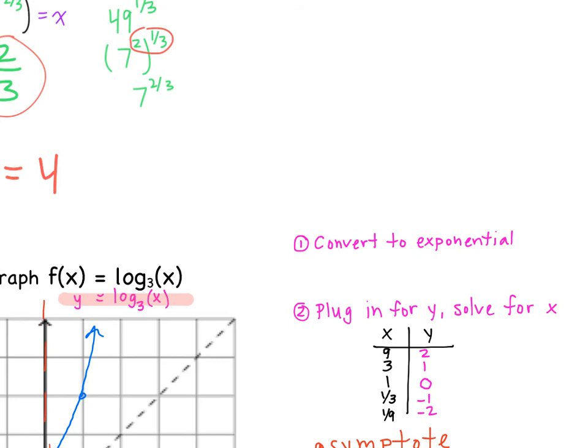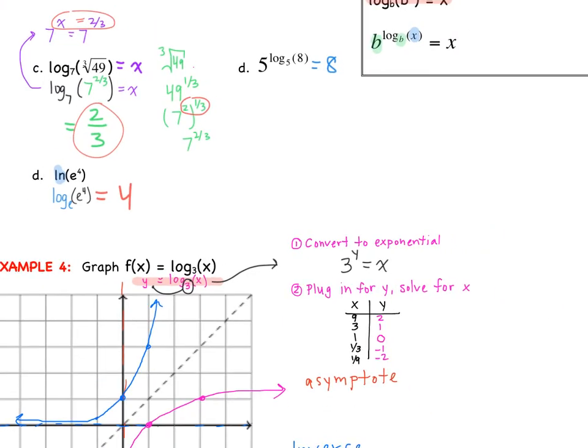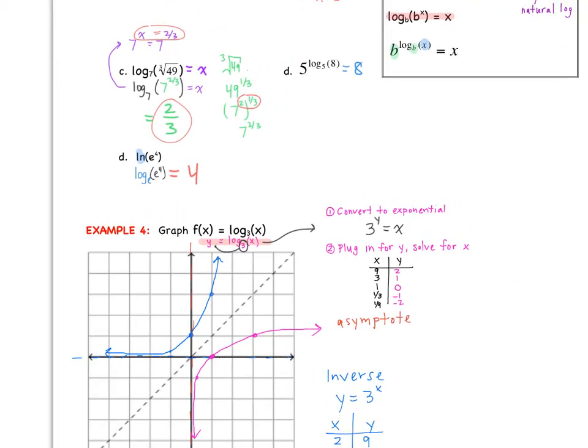When we convert to exponential form, we take our base and raise it to the other side, so we get 3 to the y, and we set it equal to that argument of x. Now we should notice this is kind of like when we were graphing exponentials and we plugged in for x, but now since y is our power, we're going to plug in for y and solve for x.